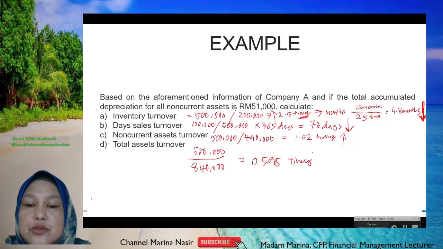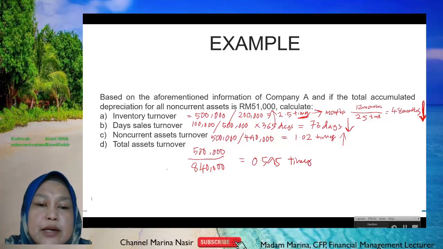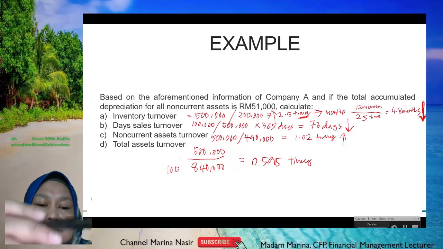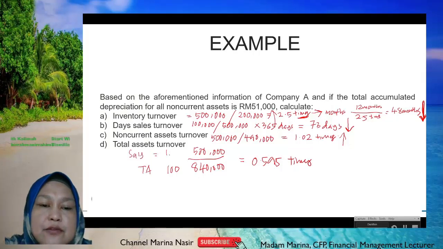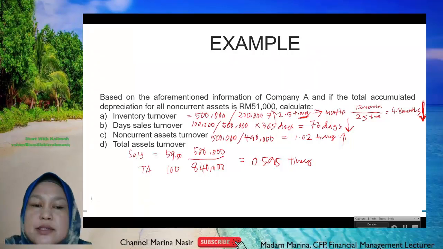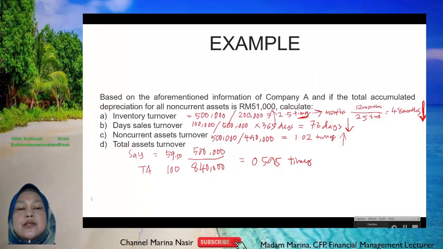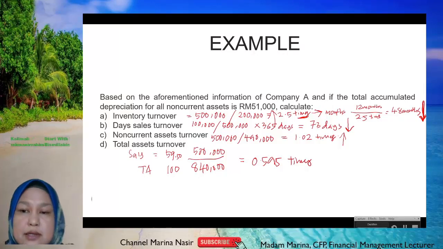How to interpret this ratio? For every 100 ringgit this company total asset, they can generate sales 59 ringgit 50 sen. For every 100 ringgit total asset, they can generate 59 ringgit 50 sen sales.